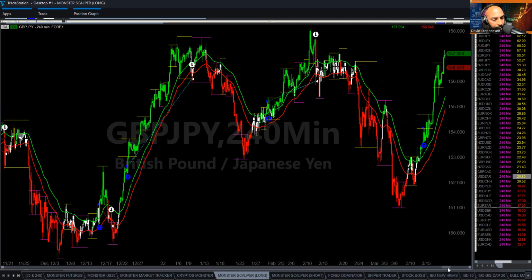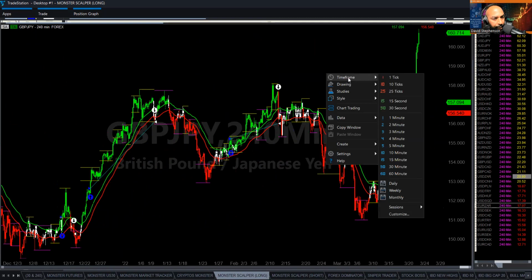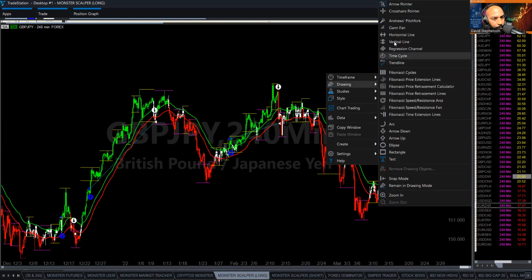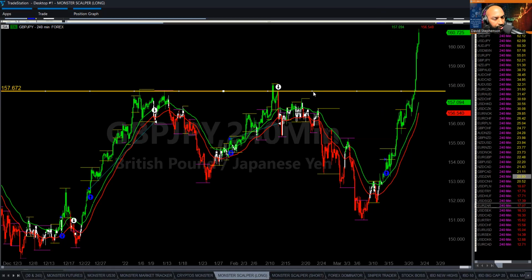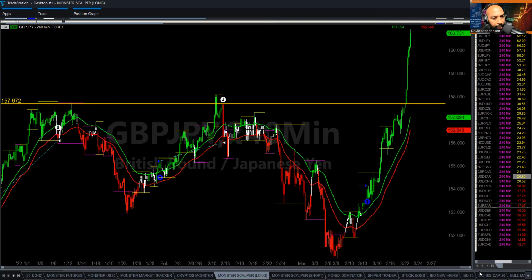Now we got a buy signal here, and a buy signal here. We've got big resistance here, and look what happens. Guys, when we have resistance and buyers come in, we can get big moves to the upside.